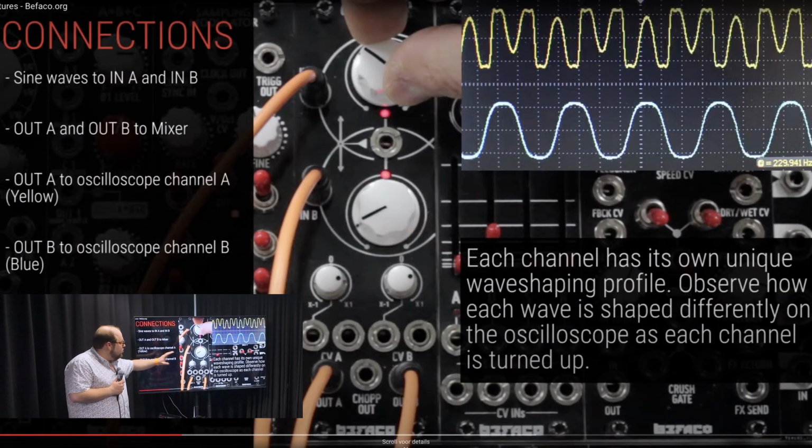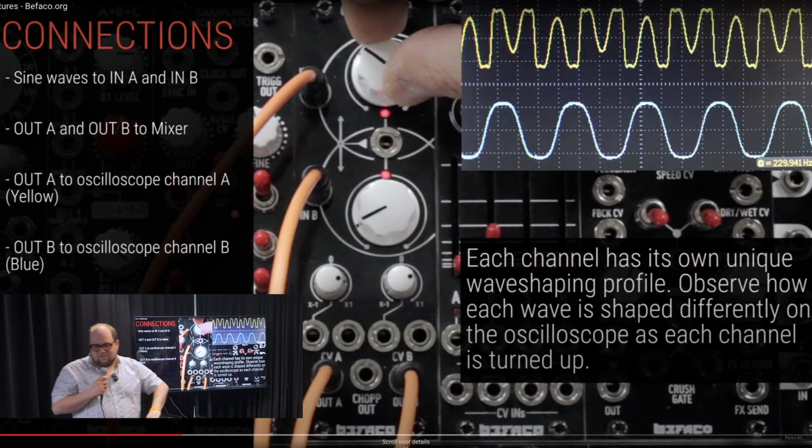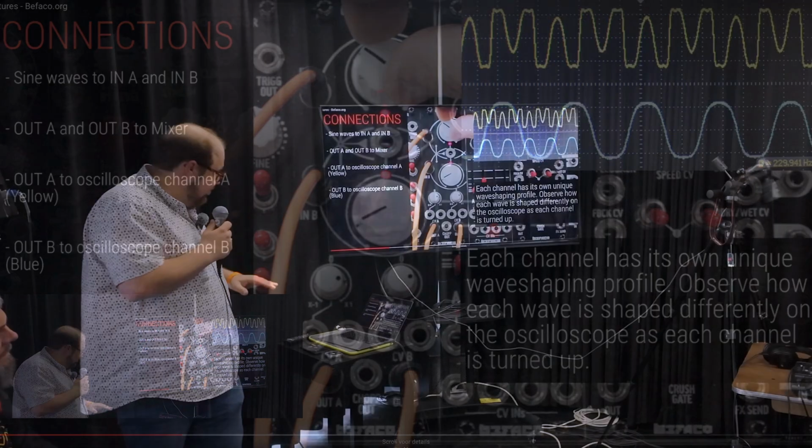This is a YouTube video for the Befaco Chopping Kinky, and what kind of intrigued me about this video was that it showed oscilloscope pictures of the input and also of the output. And so you can see this is the input, the sine wave. And then here in the output, it looks as if this wave is being folded over, hence the name wavefolder.